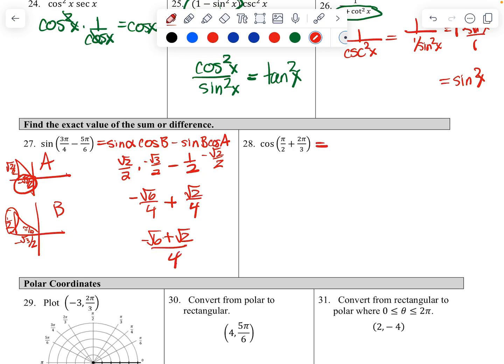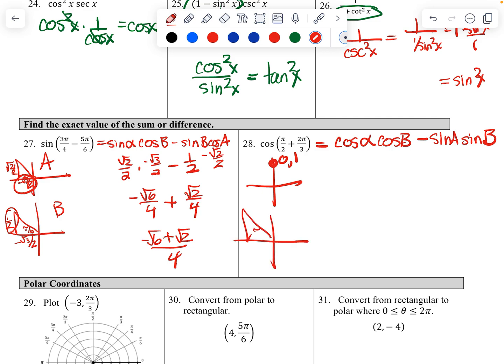So this is a cosine one. So again, look at your formulas. Cosine of alpha plus beta is cosine alpha, cosine beta, minus sine alpha, sine beta. So we got pi over 2, 0, 1. 2 pi over 3, root 3 over 2, and negative 1/2.